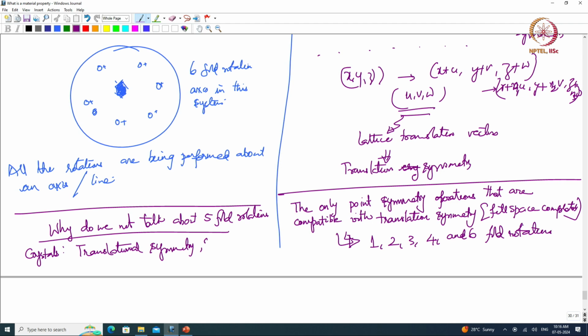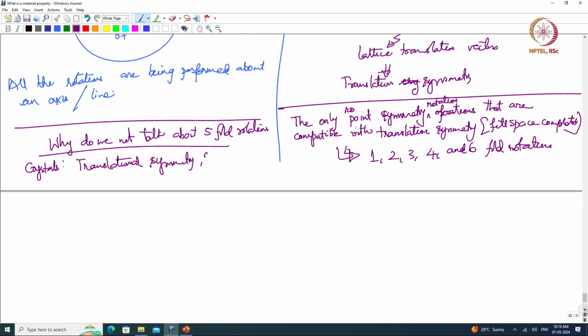We will see what their derivatives are, but the point symmetry rotation operations compatible with translation symmetry are 1 fold, 2 fold, 3 fold, 4 fold and 6 fold. You can actually see that, right.